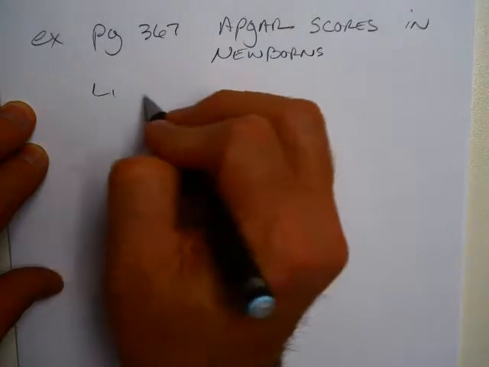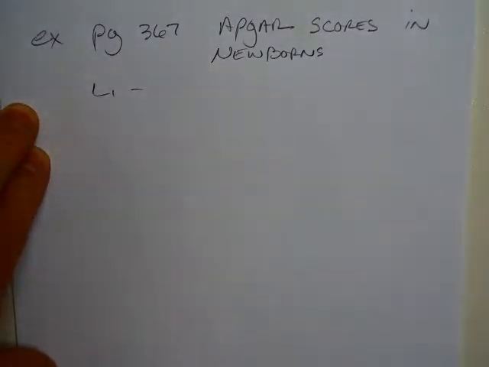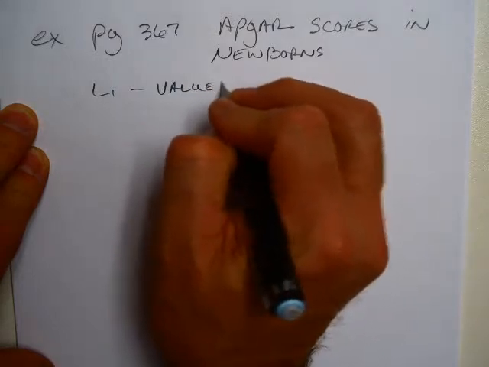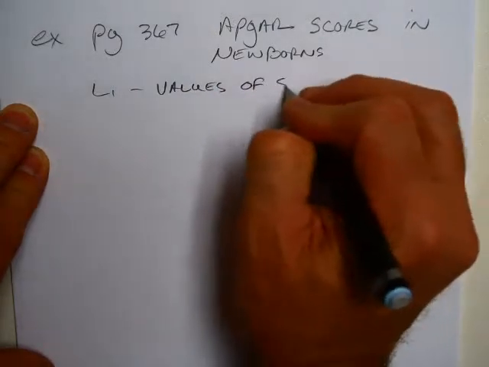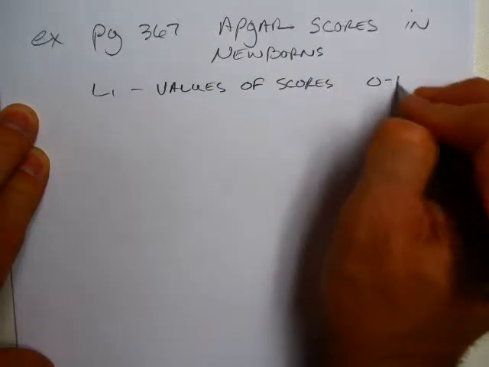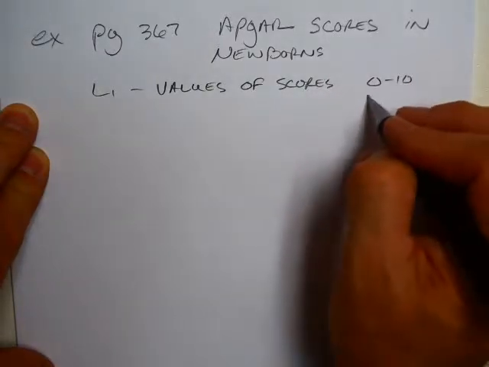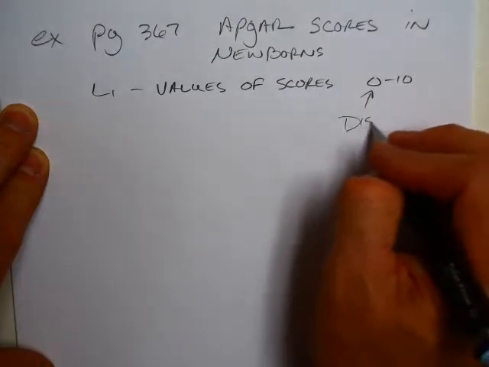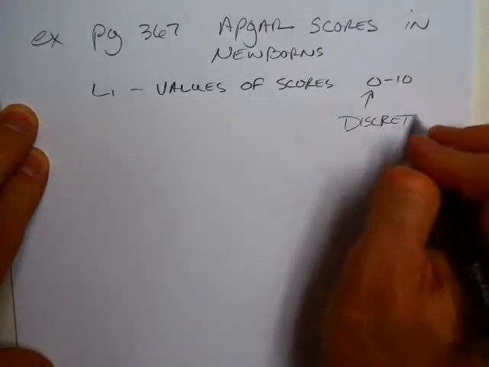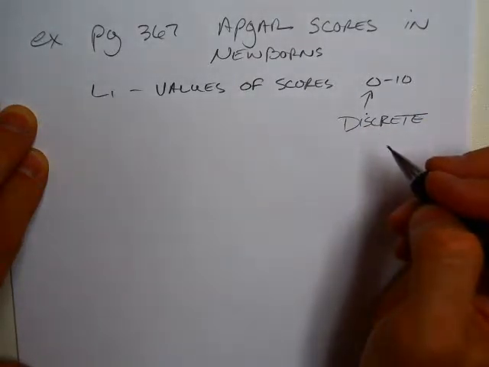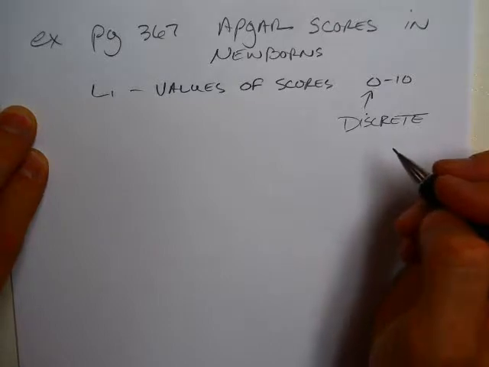So in L1 we put our values of scores. Keep in mind this is a discrete value. A kid can't get a 1.5 or an 8.5 or a 7.6 or anything like that.